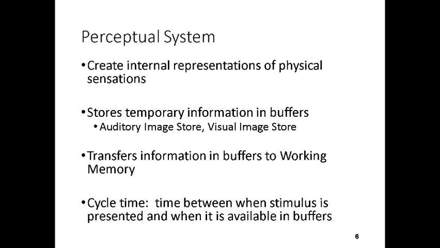Think of it like fleeting images. They're not long lasting, and it's not like you've committed these to memory. Now, information in buffers can be transferred to working memory. The cycle time for the perceptual system is the time between when the stimulus is presented and when it's available in those buffers. And again, these buffers are very, very short term. They're very fleeting.